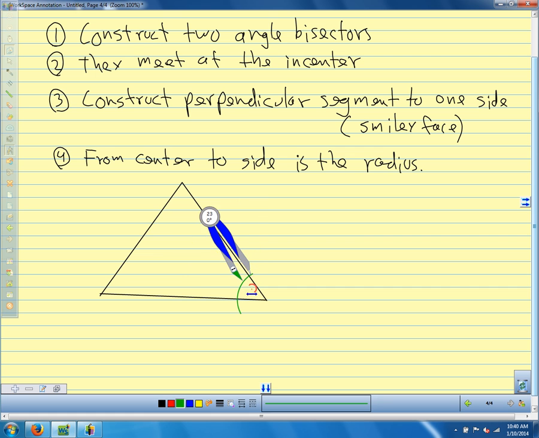That's not far enough. That's good there. Draw an arc here. Take it to the other side of the arc on the angle and draw another arc there. And connect the vertex to where they cross. We're going to extend it out a little bit there. We want to find where they meet.